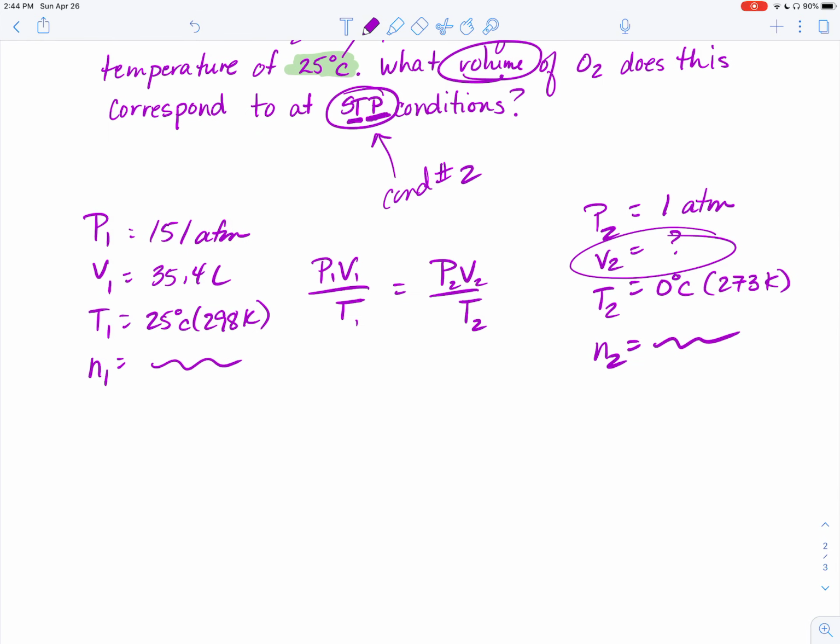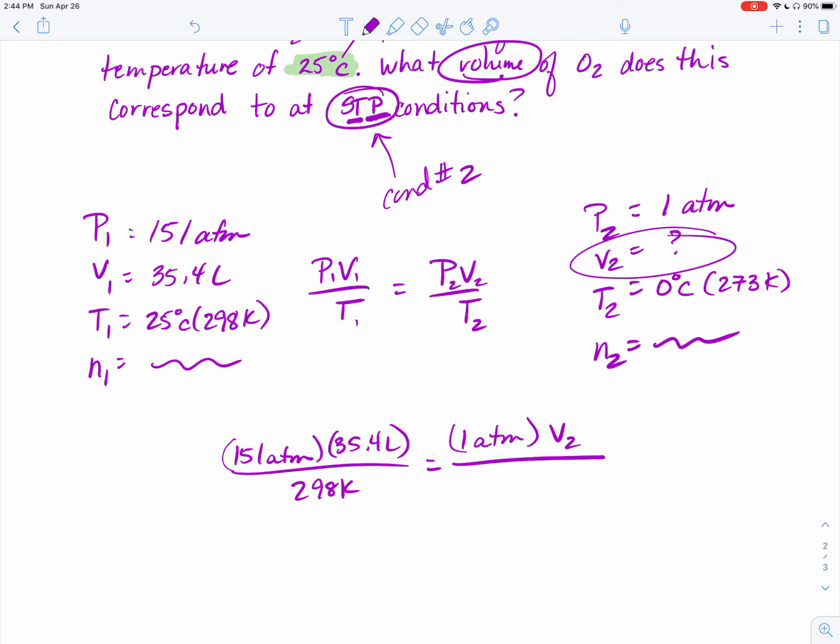I'm going to plug these values in. I have 151 atm for P1, 35.4 liters for V1, 298 for T1. P2 is 1 atm, V2 is unknown, and T2 is 273 Kelvin.